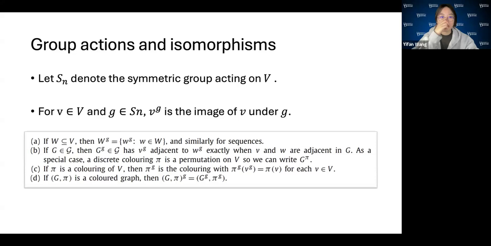Next I want to introduce group actions and isomorphisms. In graph theory, and in the context of graph isomorphism, we use group actions to describe how we can transform the vertices of a graph while preserving its structure. More specifically, let the symmetric group, denoted as Sn, act on the set of vertices in the graph.